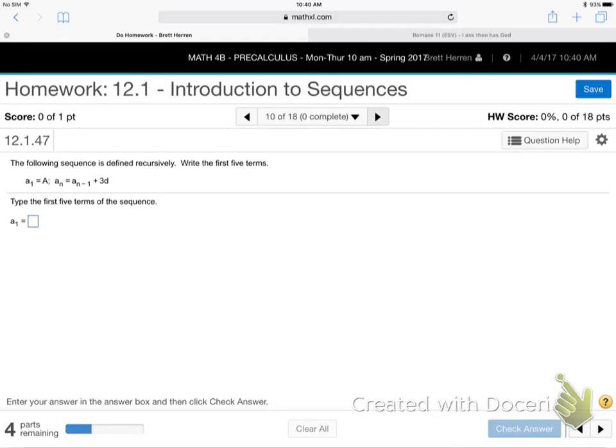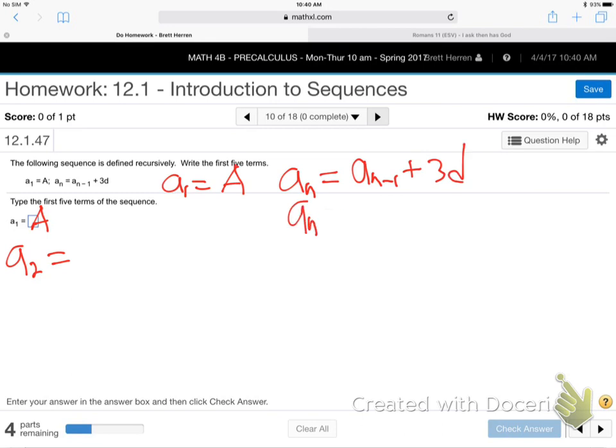All right, so this is going to be the same kind of thing, it's just all letters. A1 is A, so there it is, it's A. Now what's A2? Well, they're telling me A sub n is A sub n minus 1 plus 3D, meaning previous plus 3D. I don't even know what D is, it's just some letter.